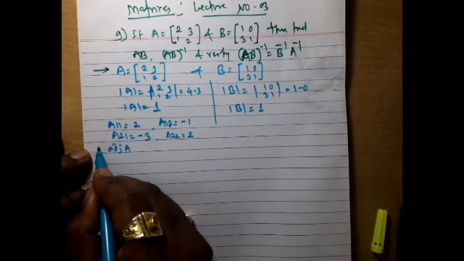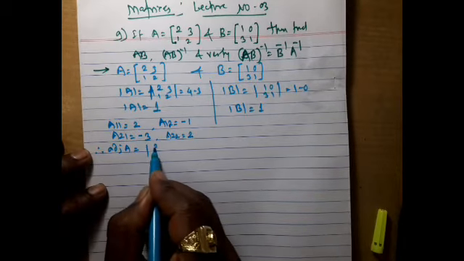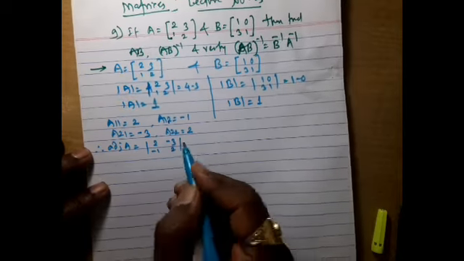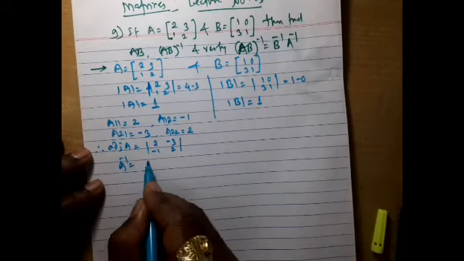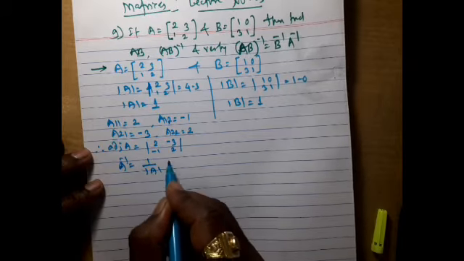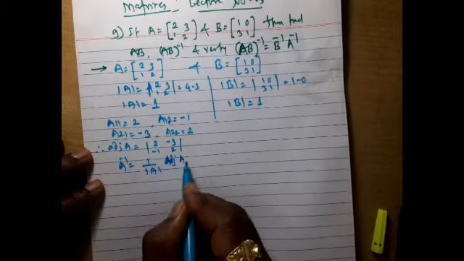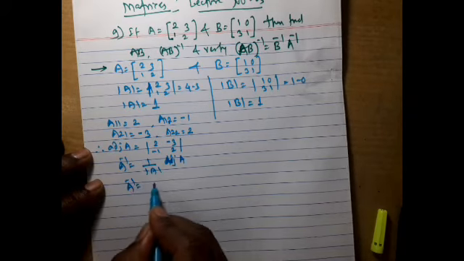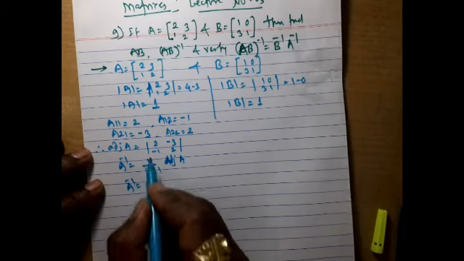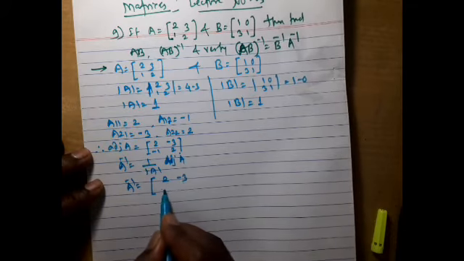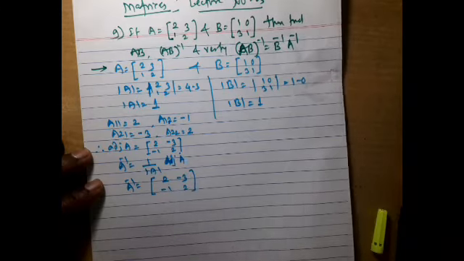Therefore adjoint of A is [2, minus 3; minus 1, 2] and A inverse is by definition 1 upon determinant of A into adjoint of A, and this is equal to [2, minus 3; minus 1, 2].